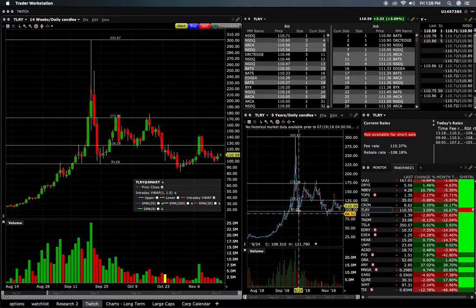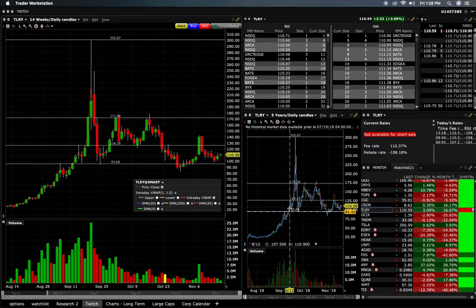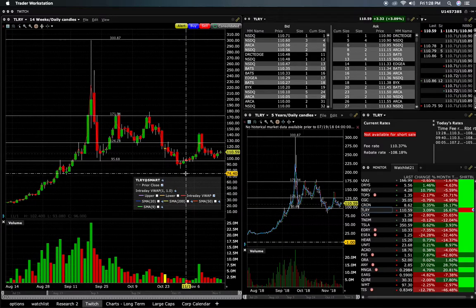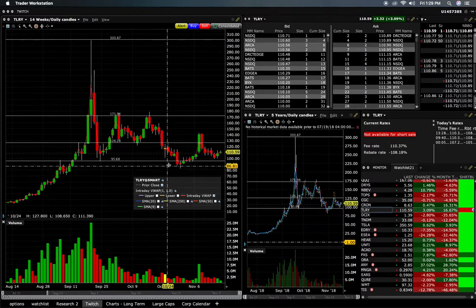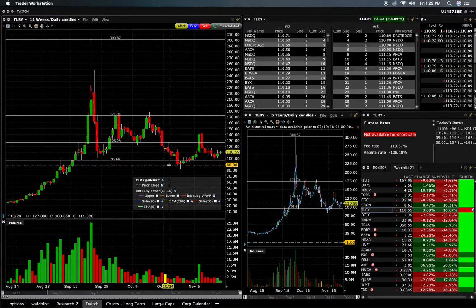It's probably going to take breaking this $95 area, but once it breaks that $95 area, I could see it melting back down to earth. I still think this is way too high, not just from a technical perspective, but also a fundamental perspective. So, something to watch for there.